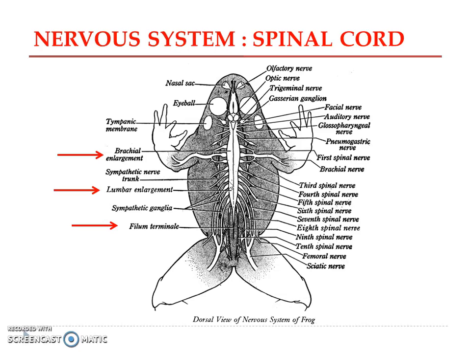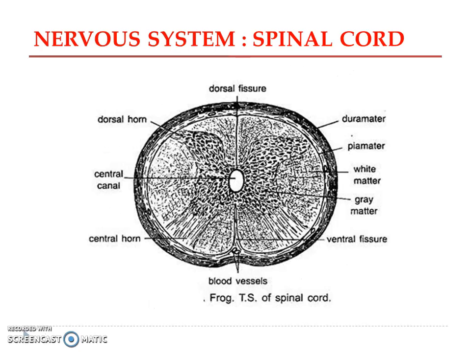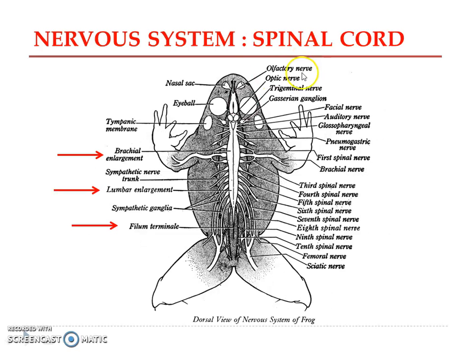Now, throughout the length of the spinal cord, as told, in this cross section you can see there are two longitudinal fissures. A fissure is a deep groove-like spot.